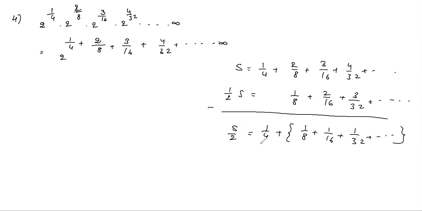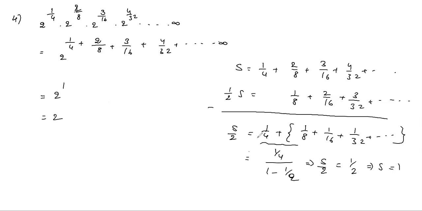All terms, you may include the first term also, because it is also in an infinite GP, a by 1 minus r. Here a is 1 by 4, by 1 minus 1 by 2. So S by 2 equals 1 by 4 by 1 by 2, that is 1 by 2, so S equals 1. So the power value is 1, so 2 power 1, so the answer is 2.